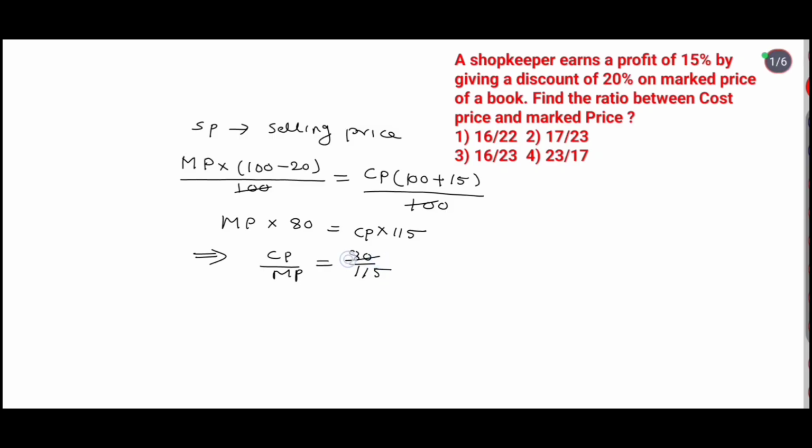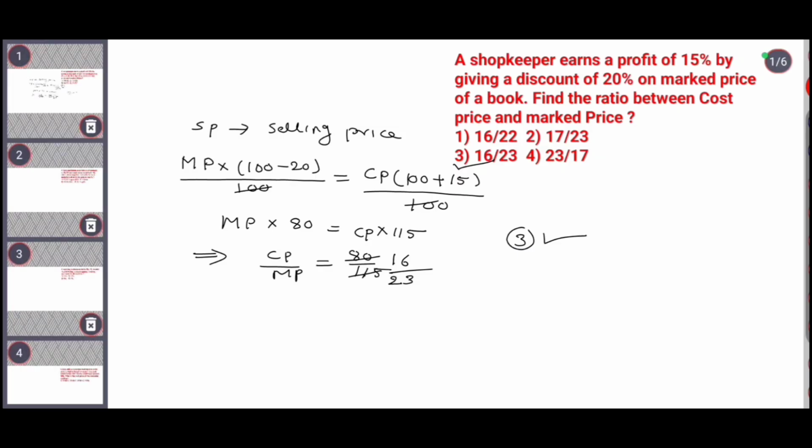So friends, 5 1s are 5, 16; 5 2s are 5, 23. So 16 by 23. Answer 3. 16 by 23 is the correct answer. Option number 3 is the correct answer.